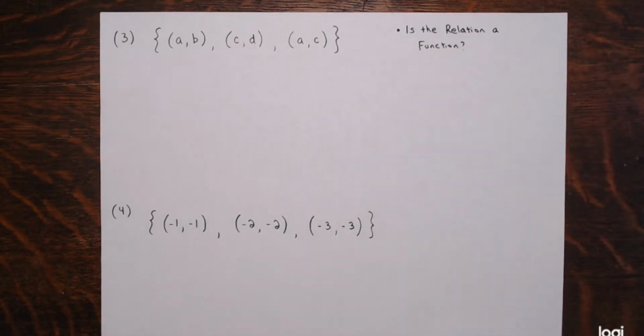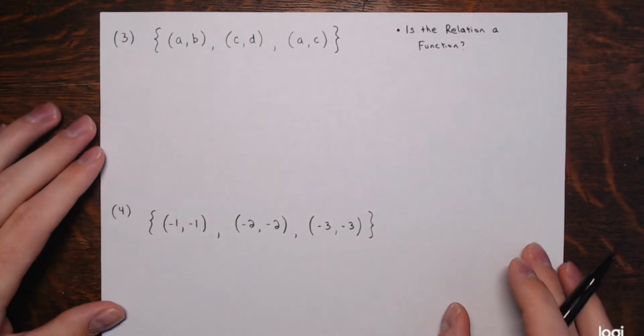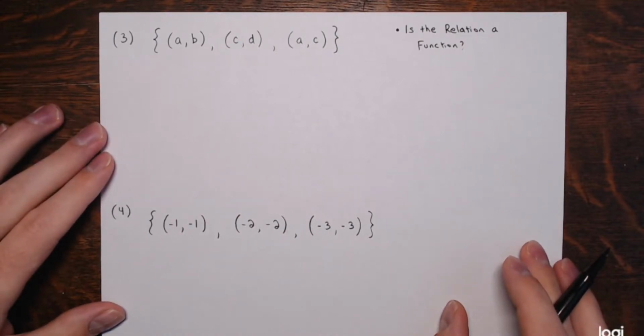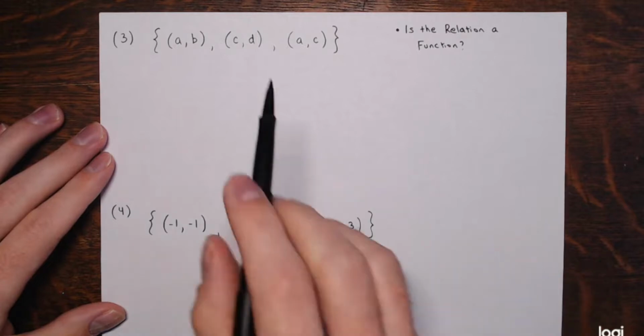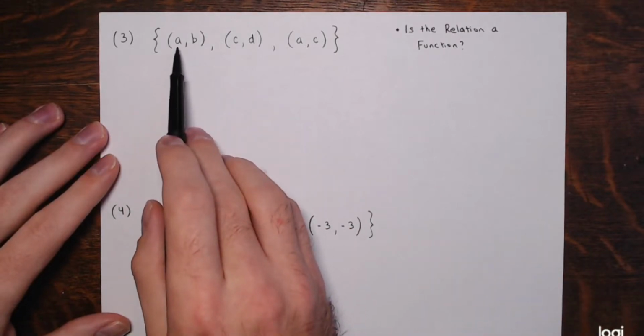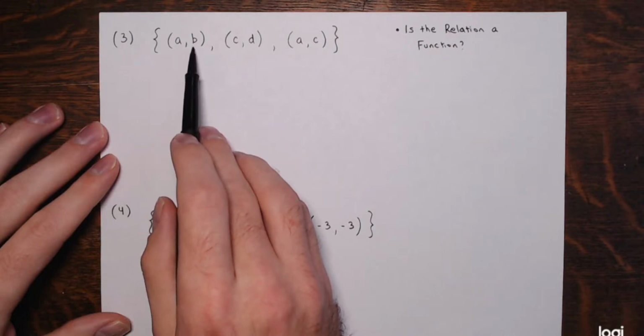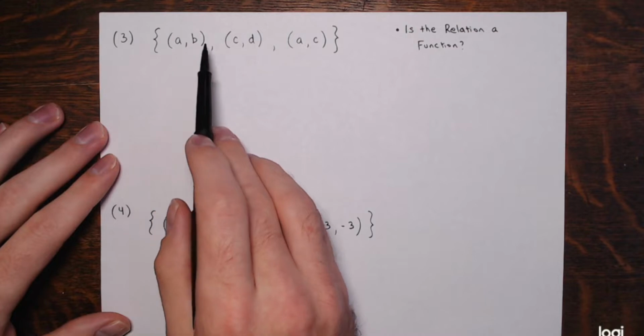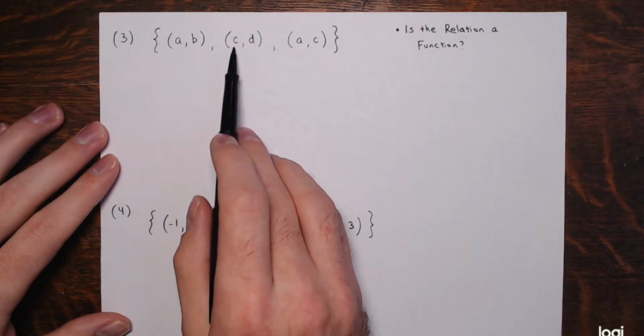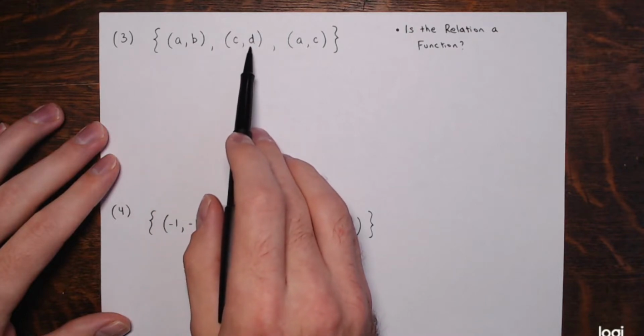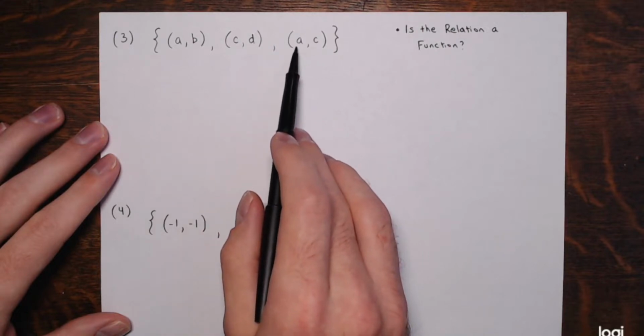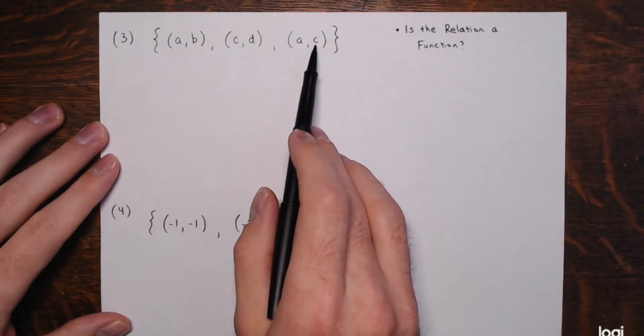Now we're actually given sets of ordered pairs instead of tables. So, here's an ordered pair. Input A pairs with output B. And here's another ordered pair. Input C pairs with output D. And one other ordered pair, input A, output C.